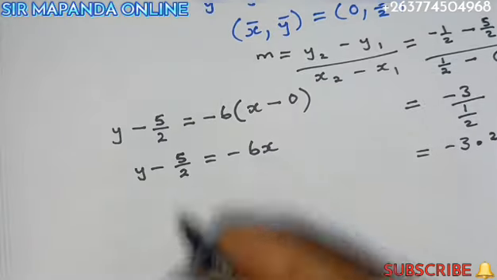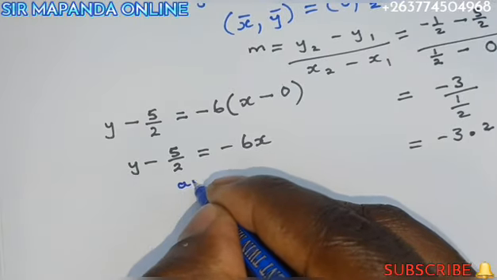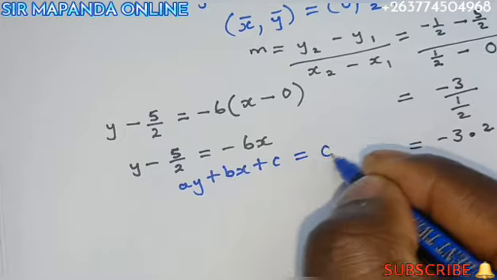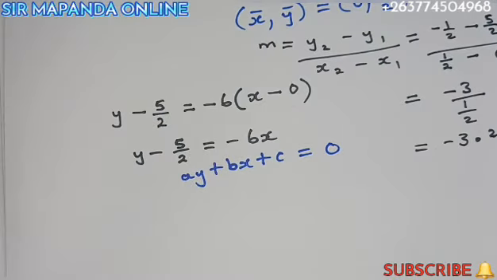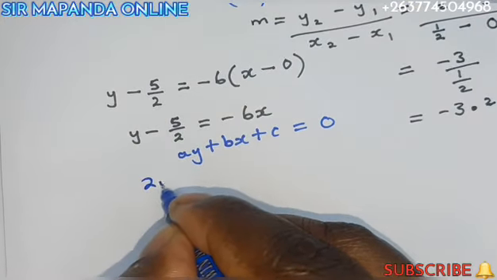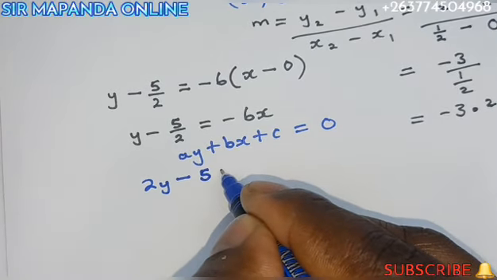Right, remember they want you to express your answer in the form ay, right, plus bx, right, plus c is equals to 0, where a and b are integers or integral values. So to achieve this, you can make use of 2 as your LCM and multiply each and every term both sides by 2. So 2 times y, you get 2y. Then 2 times minus 5 over 2, you get minus 5.